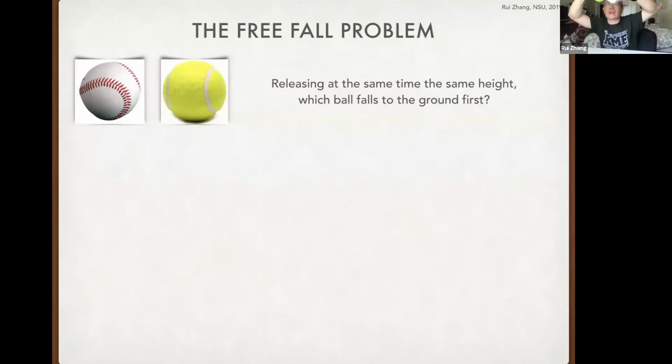So what do you think? I'm gonna drop them from a higher height, but still the same height. What do you guys think? Maybe based on your hearing, like the sound, and also which one falls to the ground first, can you tell, or is it too hard?